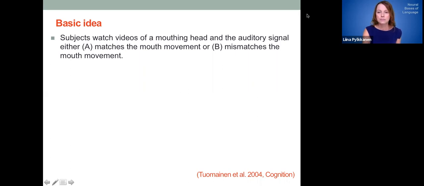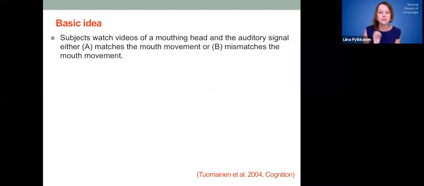So here, subjects are always watching videos of a mouthing head. Okay, so that's a bit of an interesting design choice, because in some sense you'd think that just because there's a mouthing head, you'd always be in a speech mode. But it turns out that it did not totally mess up their study.